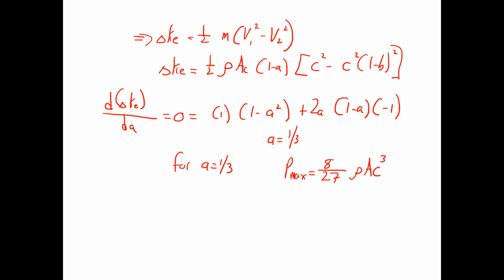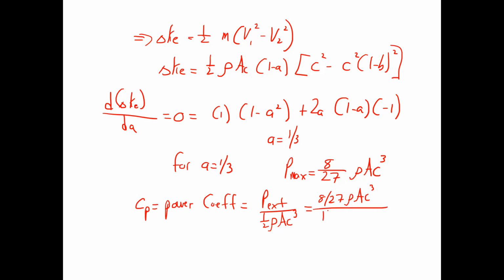Now, how does that relate to the limit? Well, I'm going to introduce a parameter called power coefficient. A power coefficient is like an efficiency used for wind turbines. Power coefficient is defined as the power extracted divided by the energy in the air. The energy in the flowing air is 1/2 rho A C cubed, and my maximum power extracted is 8 over 27 rho A C cubed, divided by 1/2 rho A C cubed.